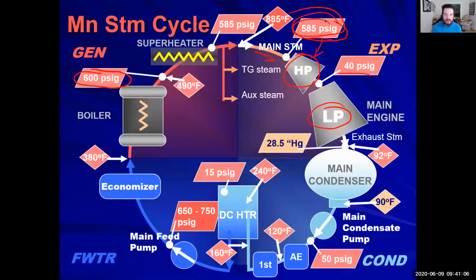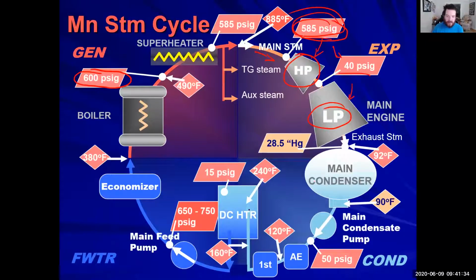It's 585 PSIG before it hits that high pressure turbine. And when all of that energy is used, right before we go into that low pressure turbine, it's only sitting at 440 PSIG, and we're getting the same amount of energy coming out of that. That's something to always keep in mind of what's happening inside of these systems.